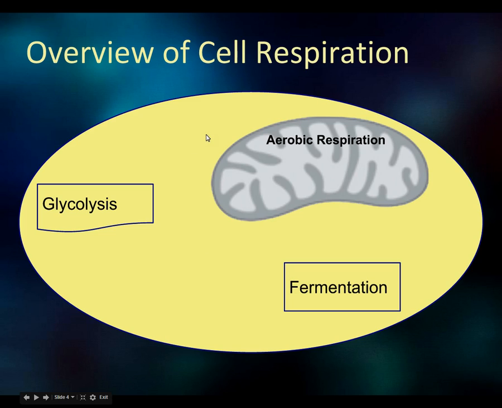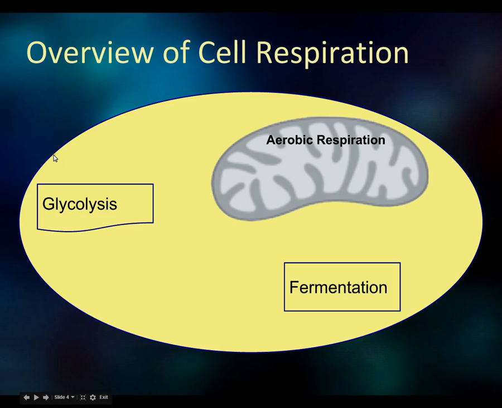So here's an overview of cell respiration. My big yellow circle here is the cell, and these two things that you can see through, fermentation and glycolysis, they both happen in the cytoplasm of the cell, which is this yellow stuff. So that's why you can see through the boxes, because these things happen just everywhere in the cell.